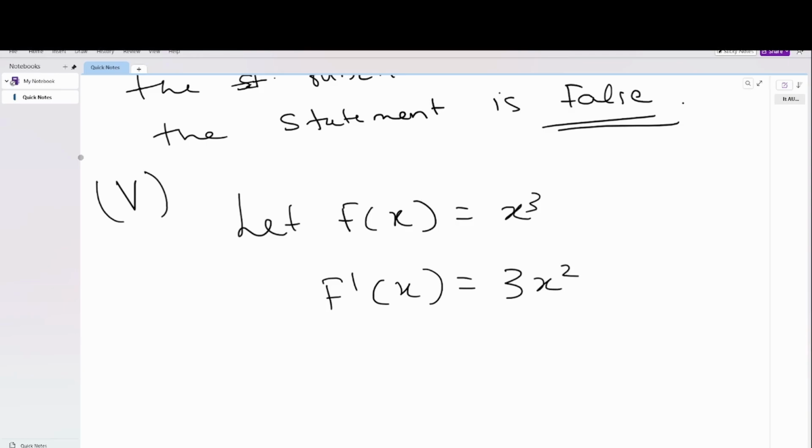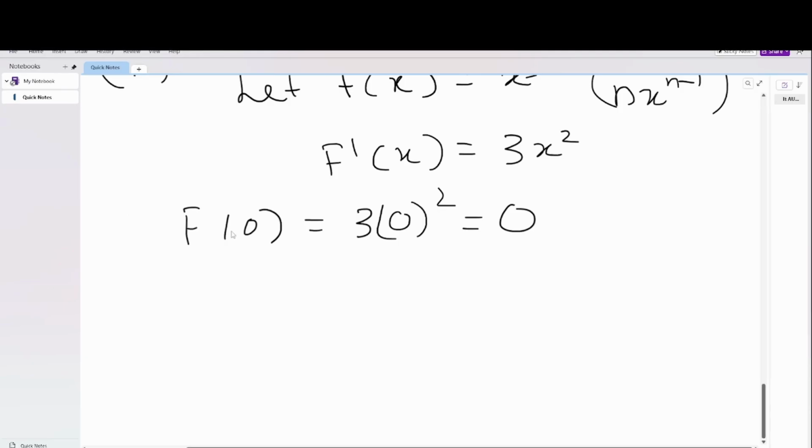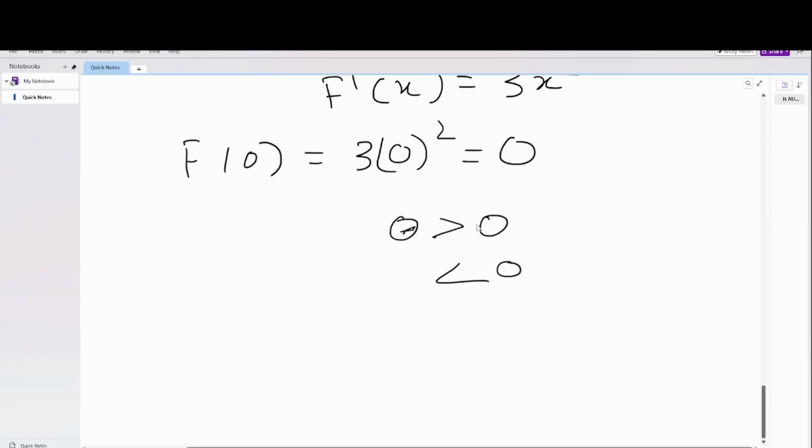By taking the derivative, it will be 3x square, that is n into x raised to n minus 1 by this formula. So when we put x equal to 0, then 3 into x square is equal to 0. So from this f dash of 0 is 0, not greater than 0 or less than 0.